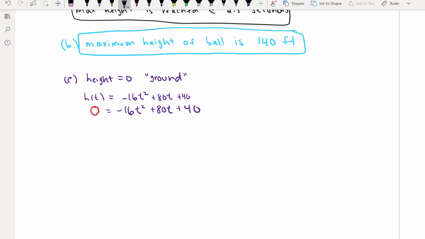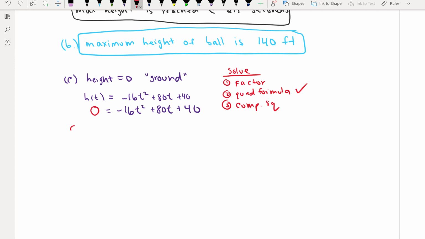So now I have to solve for this. So, okay, solve. I can try to factor. If it factors, I can do the quadratic formula. I can also do completing the square. So there's 3 different ways that you can solve a quadratic, a degree 2 polynomial.